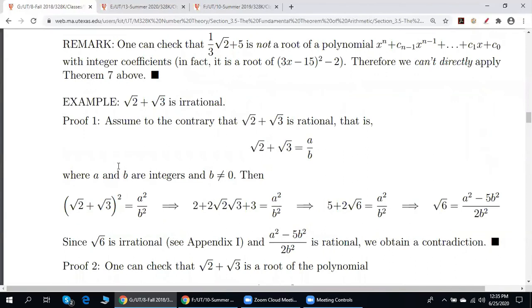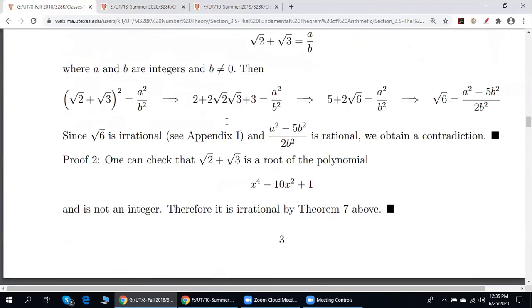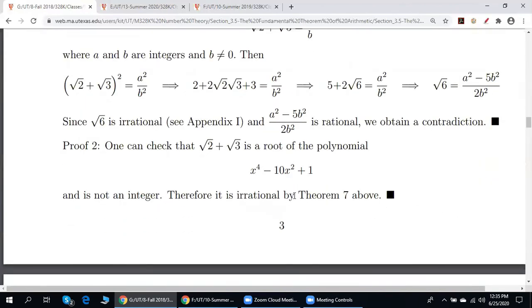Here is another example. Prove that square root of 2 plus square root of 3 is irrational. In this case, we can use Theorem 7 directly. However, we get another problem.